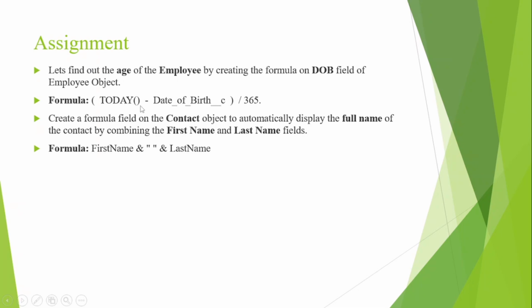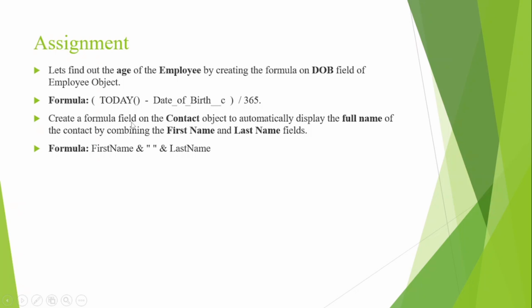So the TODAY function subtracted by date of birth, this is the field, all in a small bracket, then divided by 365. In a year, how many days? It is 365. So this will be the formula to calculate the age of the employee. We will implement this.